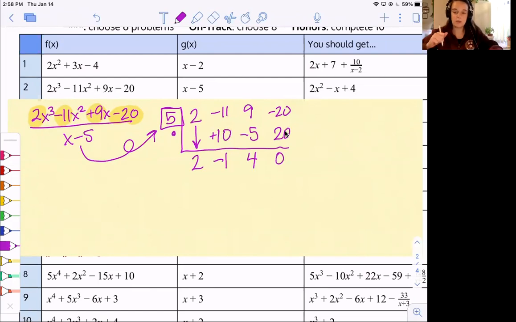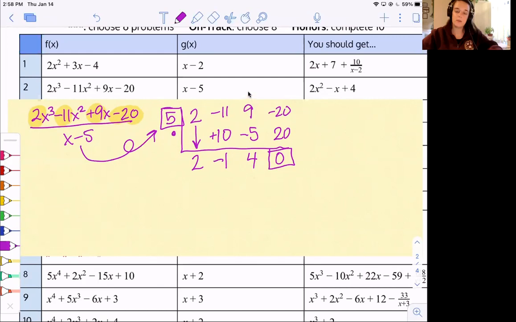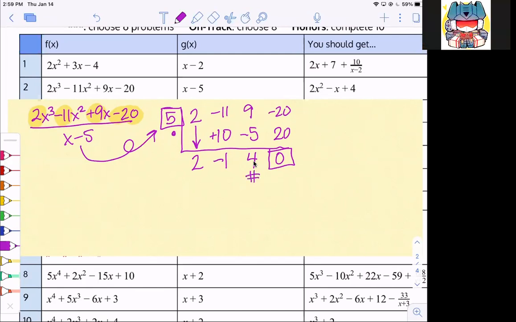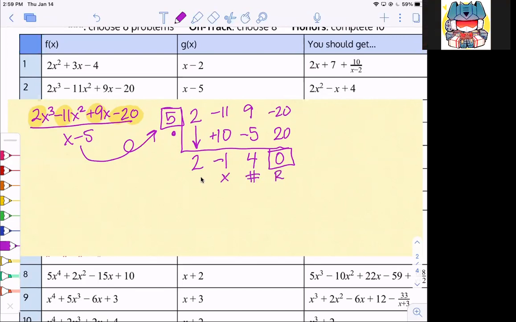Do you want to tell me what to write for my answer? Oh yeah, we're supposed to bring down the symbols above. Oh wait, don't bring down the symbols from above. You're bringing down one less than that, right? So if this is your remainder, then this would be your whole number. So the 2 would be your x squared, the -1 would be your x, and then just the constant.